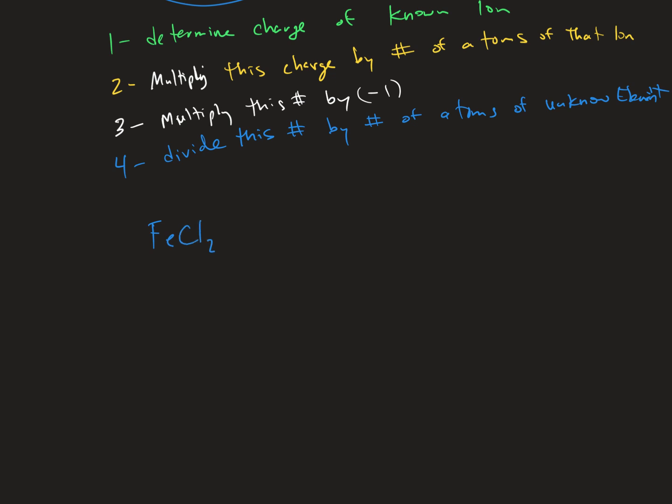FeCl2. What way do you guys like to do? You guys like drawing the lines or you like to cross them up? Okay. Always works every time. You don't have to do anything different. That's why I like it. So where do we start? Chlorine's charge is -1 or 1 minus. Good. I don't care if you write it -1, guys. Then what do we do with it? Multiply by 2 is -2.